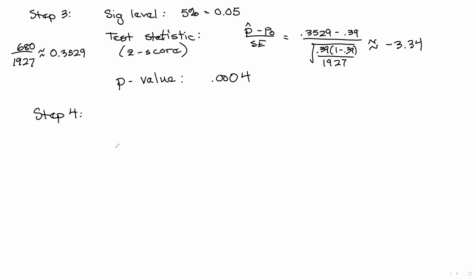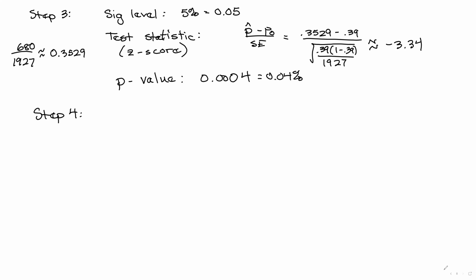How rare does our test statistic need to be relative to our population for us to decide that the null hypothesis is wrong? It needs to be an event that happens less than 5% of the time. What did we get? As a percentage, this is equal to 0.04%. Move the decimal point 2 places. 0.04%, that's way less than 5%.